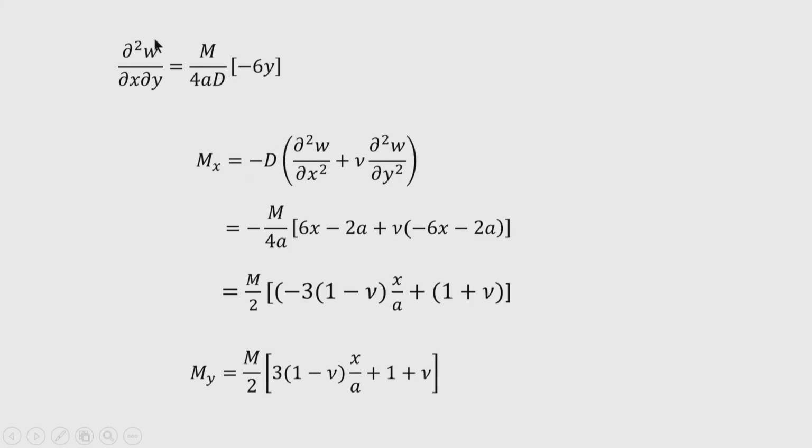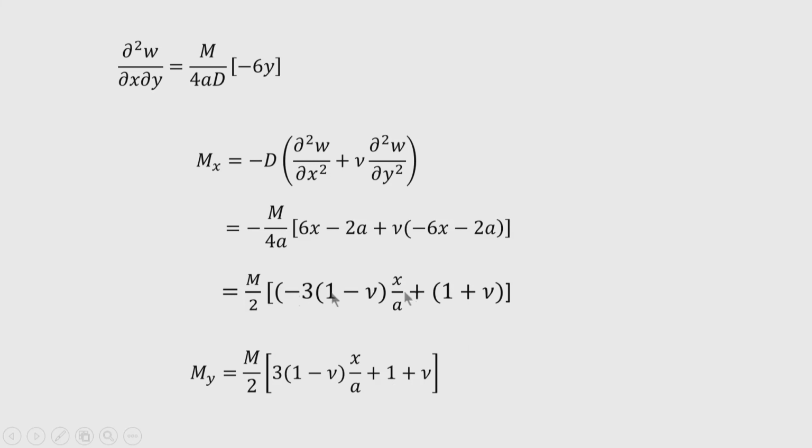Of course, the twisting moment is also found out. The cross derivative is calculated by taking the differential coefficient of W with respect to x and with respect to y. Now, after substituting this value, you can see the bending moment along the x direction is this, and the bending moment along the y direction is this.